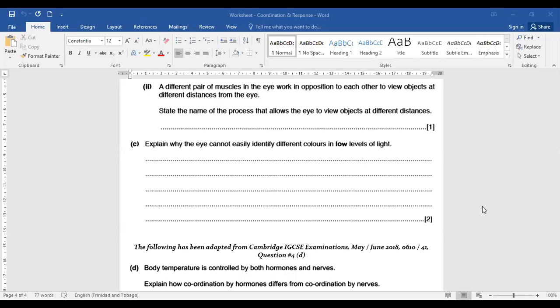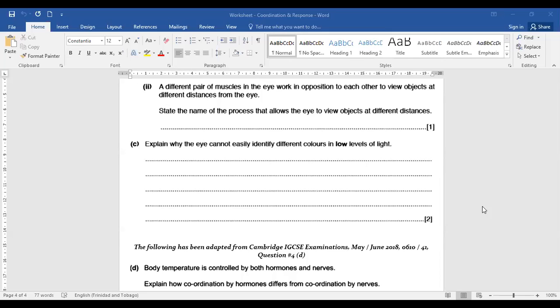Why is it that the eye cannot easily identify different colors in low levels of light? What are the types of receptor cells responsible for us seeing in low light intensities?